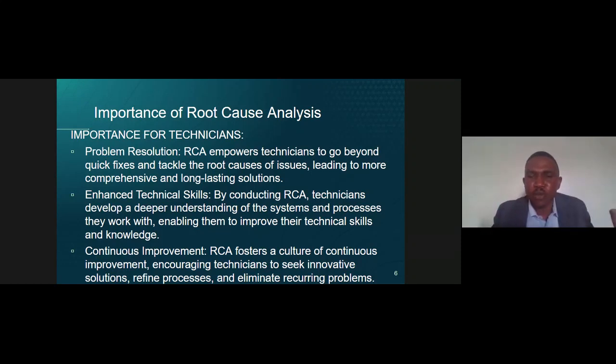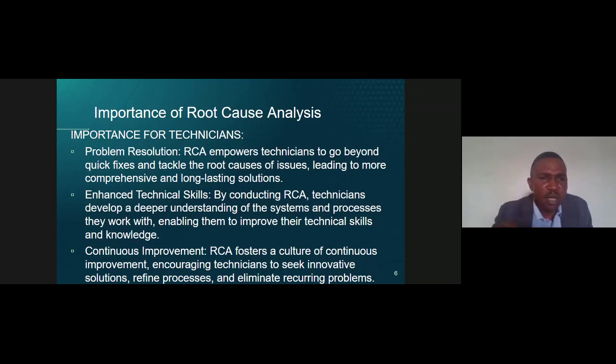When we do this from time to time, it becomes part of us, a culture in the organization, and everybody will be abiding by it. And you'll be eliminating the bad actors in the plants. So these are some of the importance of root cause analysis for a technician.